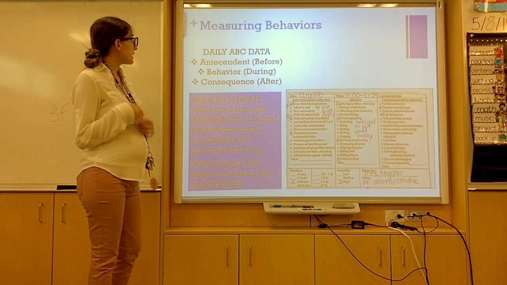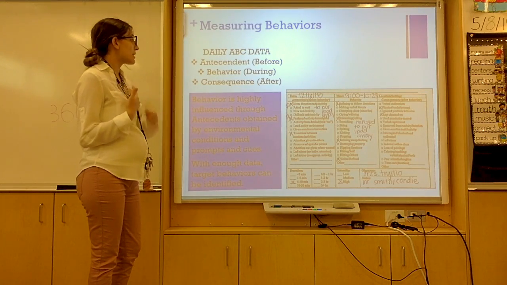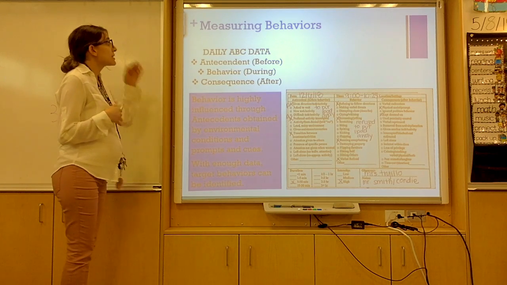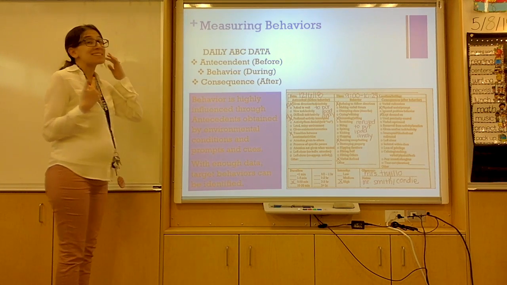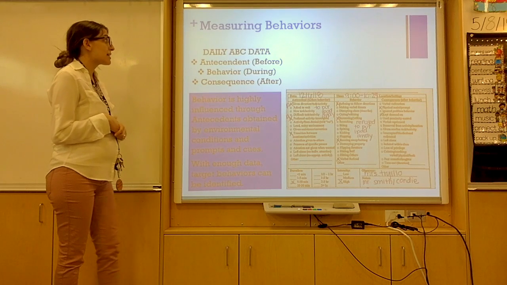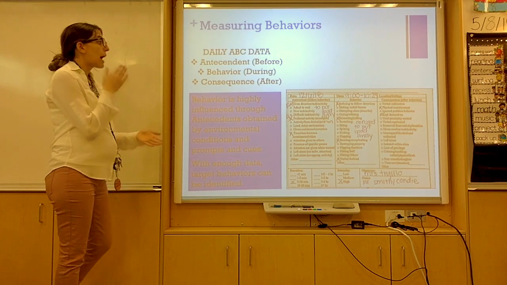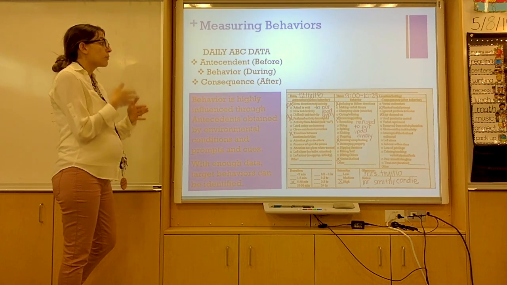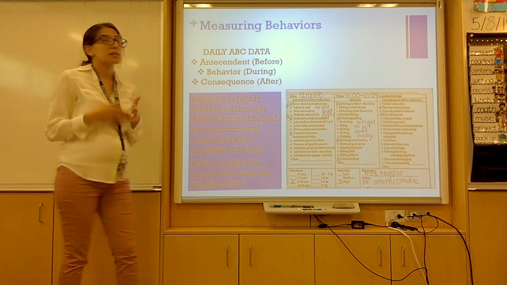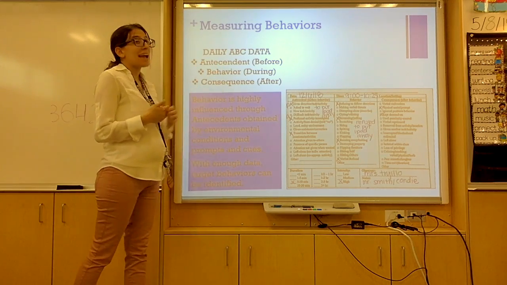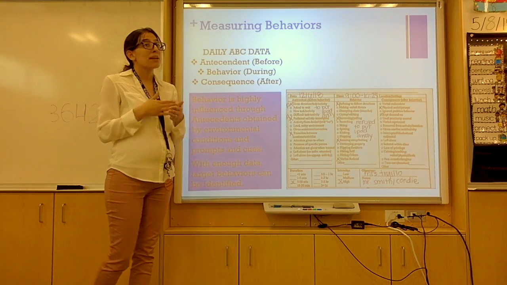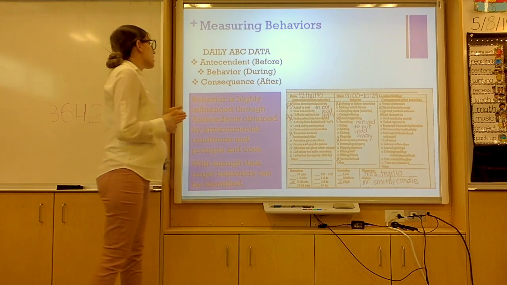So, measuring behaviors. What I do in my class is I do daily ABC data. And ABC data is basically I am writing down everything that happens in a behavior. So I'm writing the antecedent, what's happening before a behavior occurs.